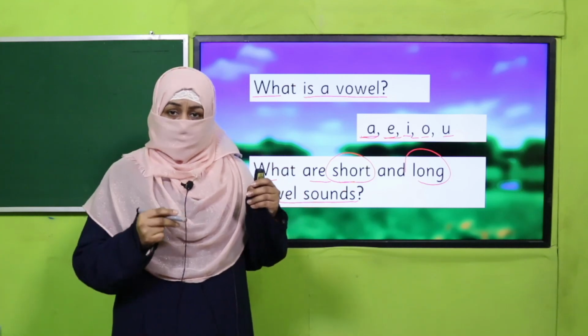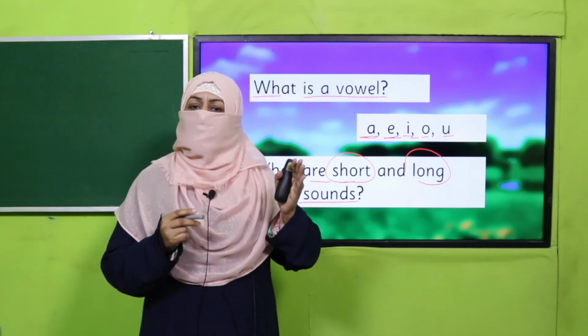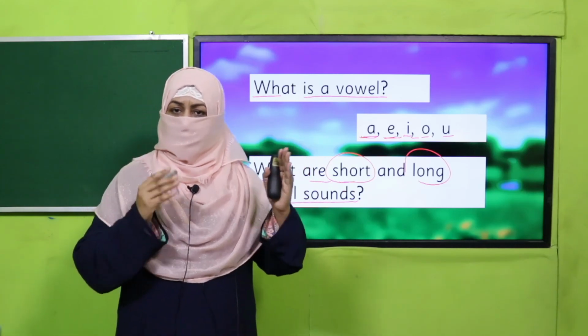I'm just going to give you a review. You say with me. This side, when I say, it is the long vowel sound, and this is the short vowel sound. Long, short.